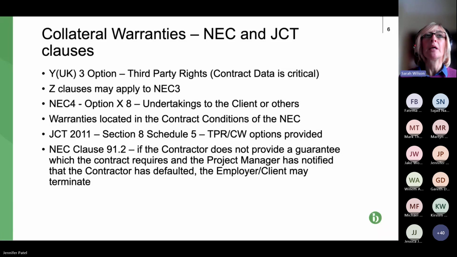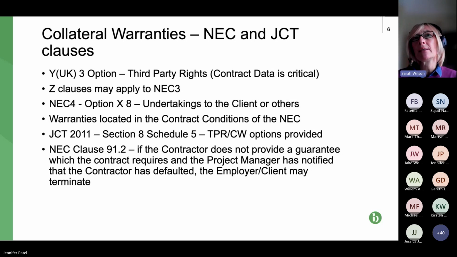If that's not clear, it will become clearer. So how is it dealt with in NEC and JCT? So the first bullet point, we do have third-party rights provisions in NEC, but also they're contained in JCT as well. That's the 5th bullet point down.